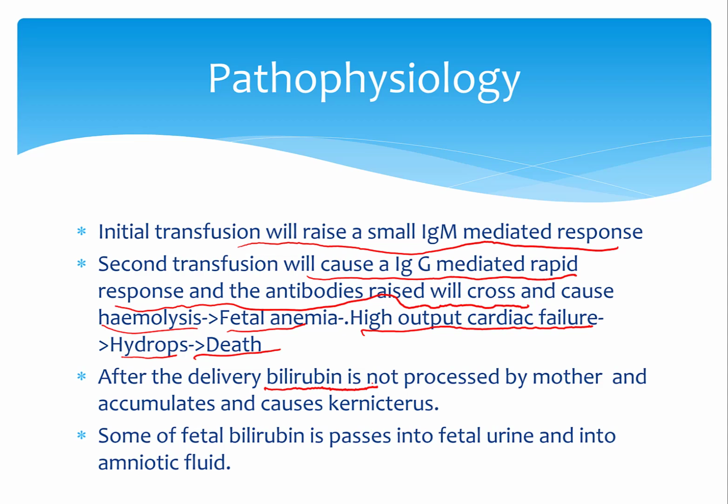But after delivery, mother will not be processing the bilirubin from the fetus, and they will be left to be processed by the immature fetal liver. If the fetal liver cannot handle the high load of bilirubin, bilirubin will accumulate.